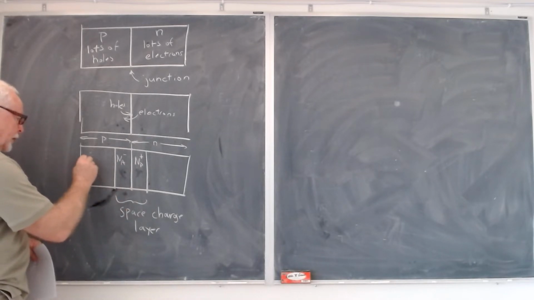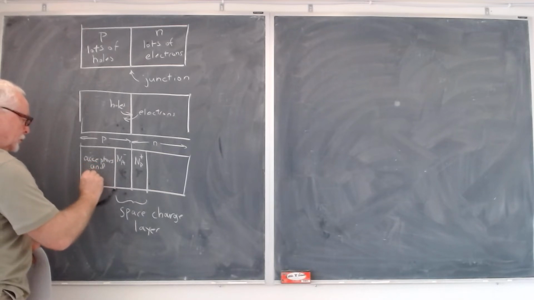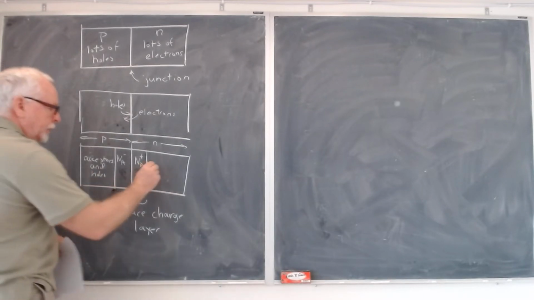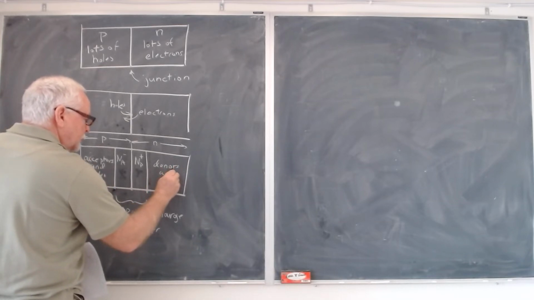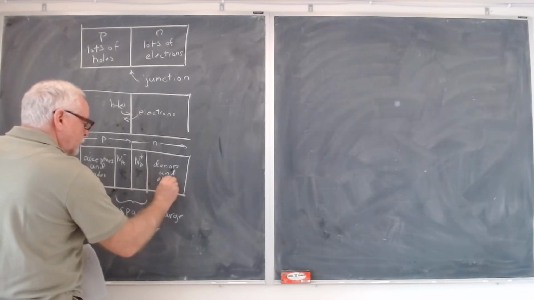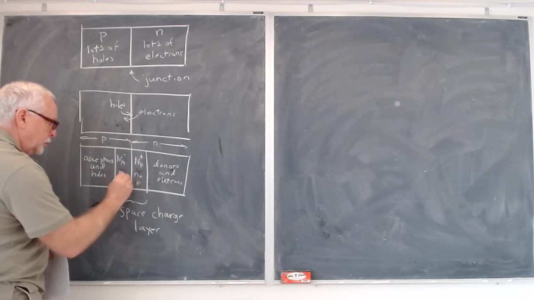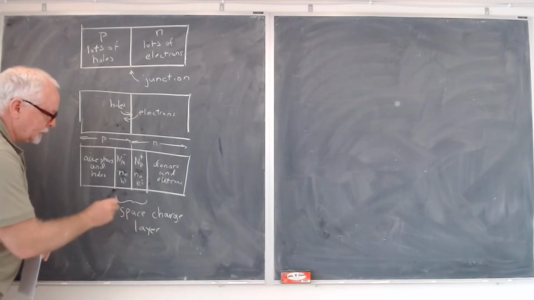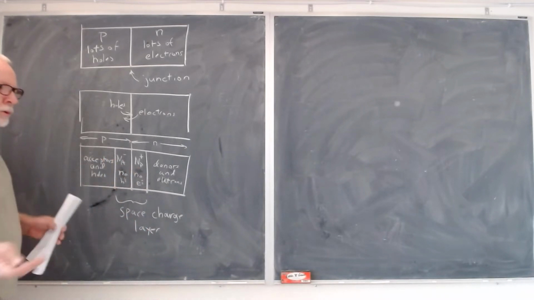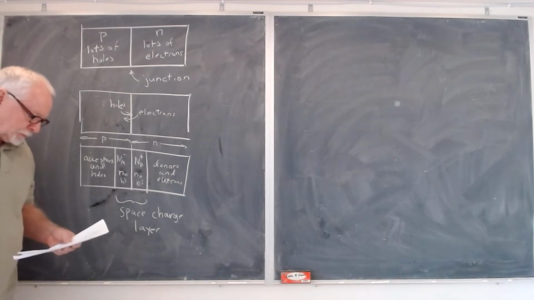Just to be perfectly clear, out here there's acceptors and holes, and out here there's donors and electrons. But there's no electrons here, and there's no holes here. And so in this space charge layer, you only have acceptors and donors, and so you have a charged region. On the N side, it's positively charged, and on the P side, it's negatively charged.